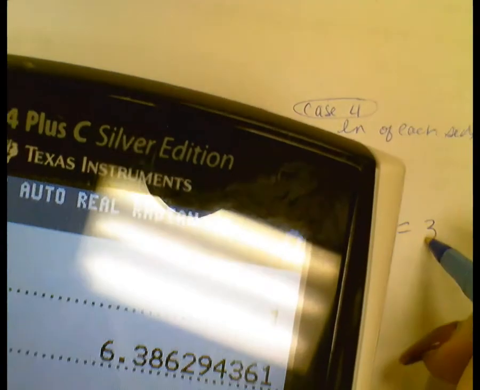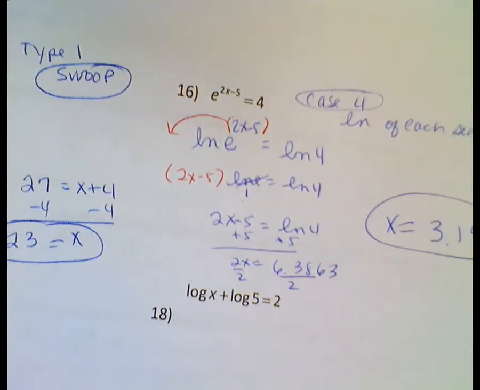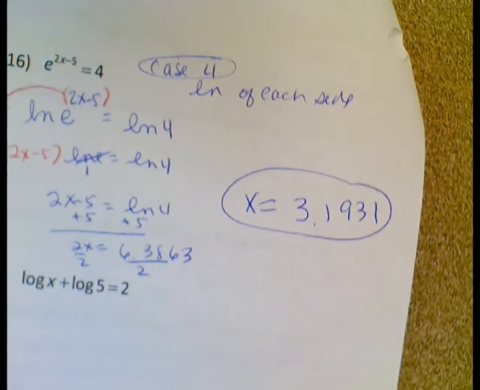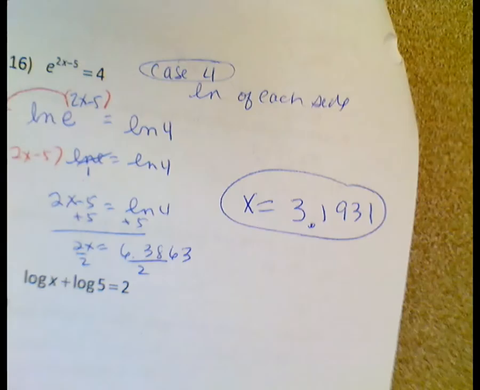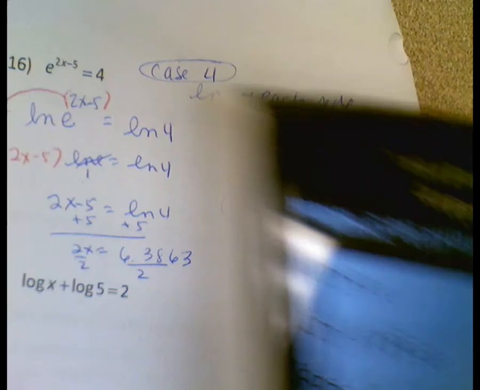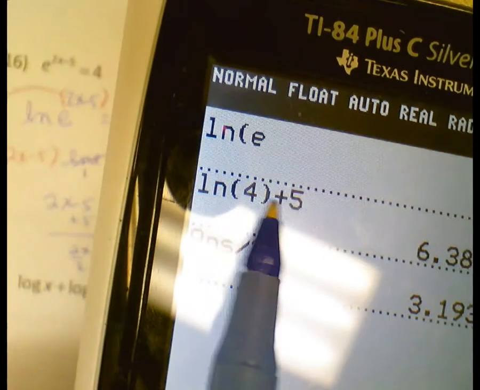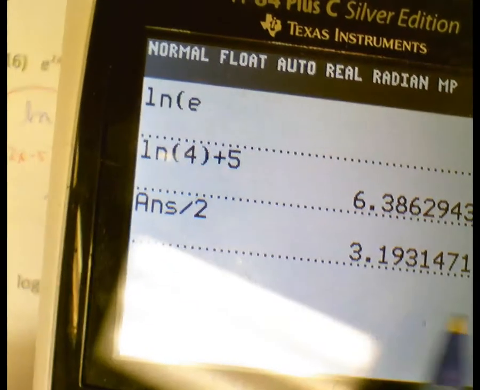And the final answer is 3.1931. So again, on the calculator, I press natural log of 4. And it's very important that you close the parenthesis here. Plus 5, and then I divided by 2.